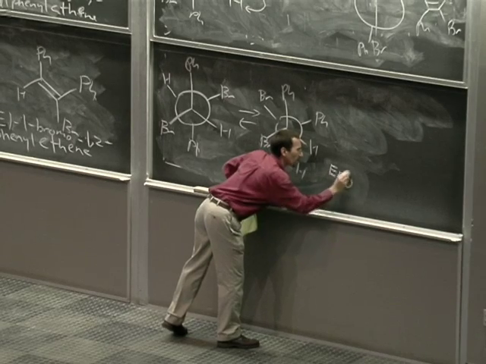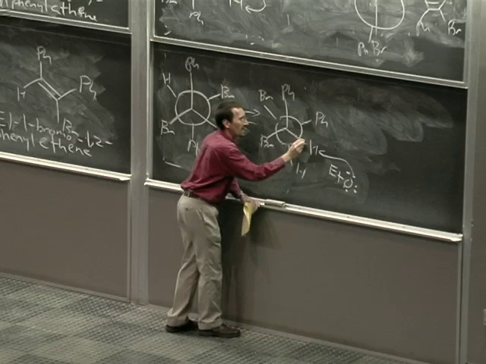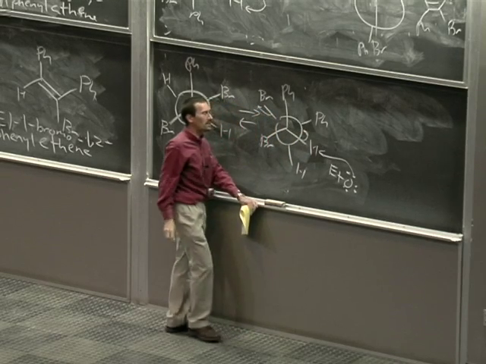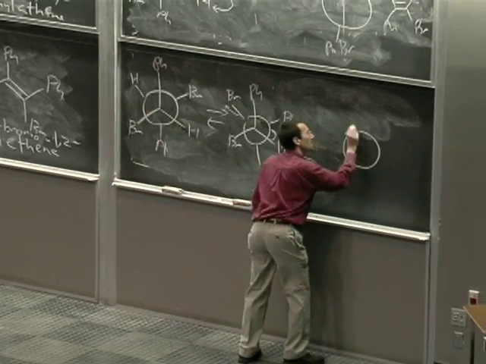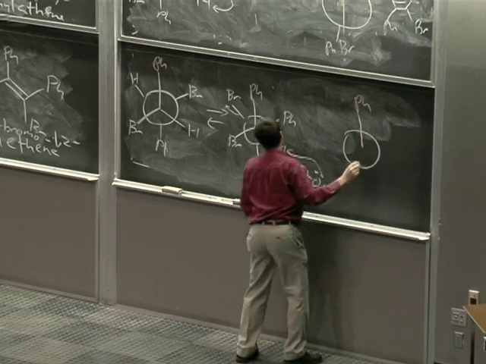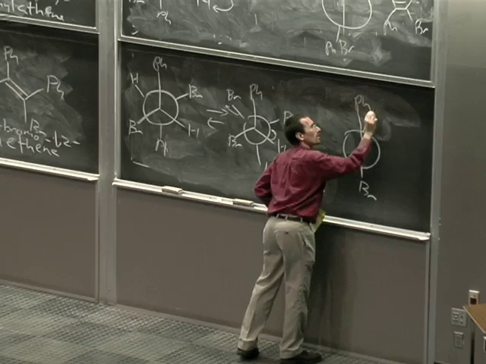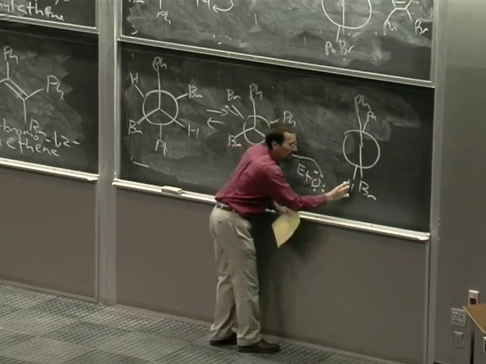Ethoxide base can come in, pull off that proton, kick in electron density to form a double bond, and kick out bromine. And this gives rise to this product.